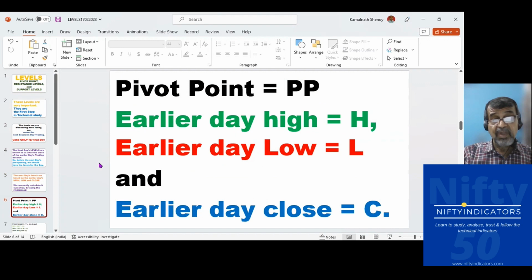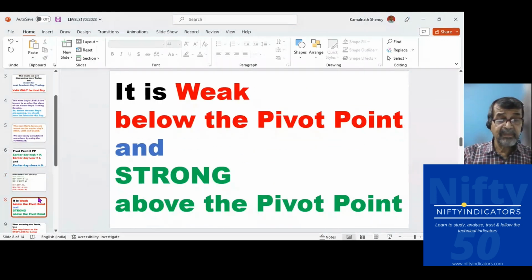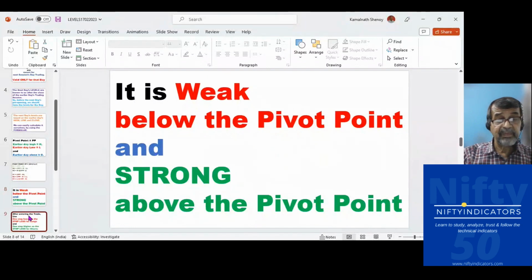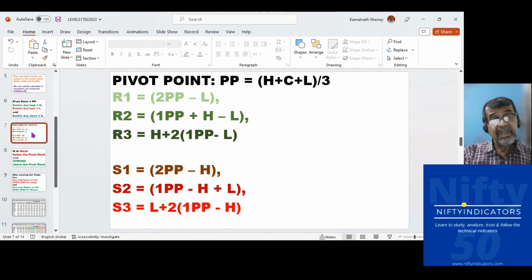In the formula, we are using PP for pivot point. H is used for earlier day's high, L is used for earlier day's low, and C is used for earlier day's close. What is the formula? Let us look at the formula. Pivot point PP is equal to H plus L plus C divided by 3.